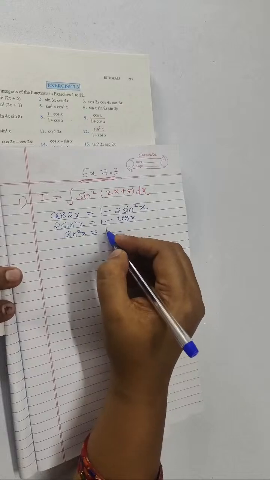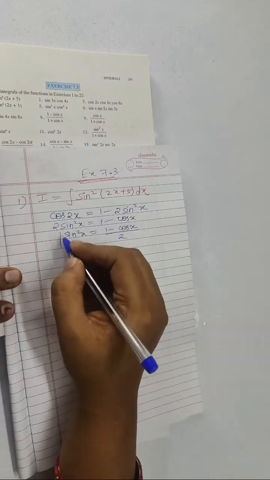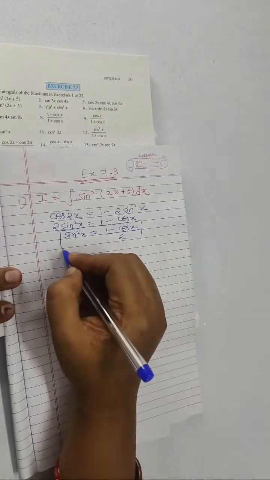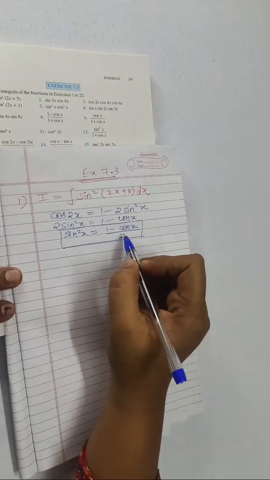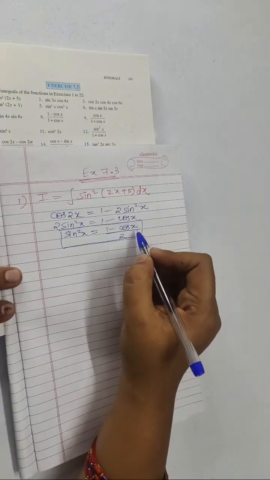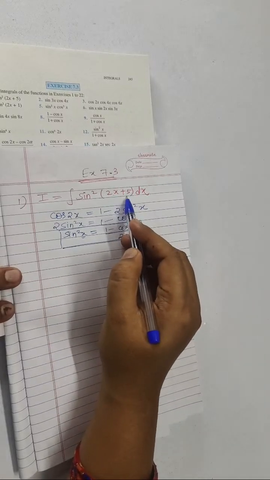So sine square x can be written as 1 minus cos x by 2. Always remember, we are taking this formula from cos 2x. And in place of x we have 2x plus 5.